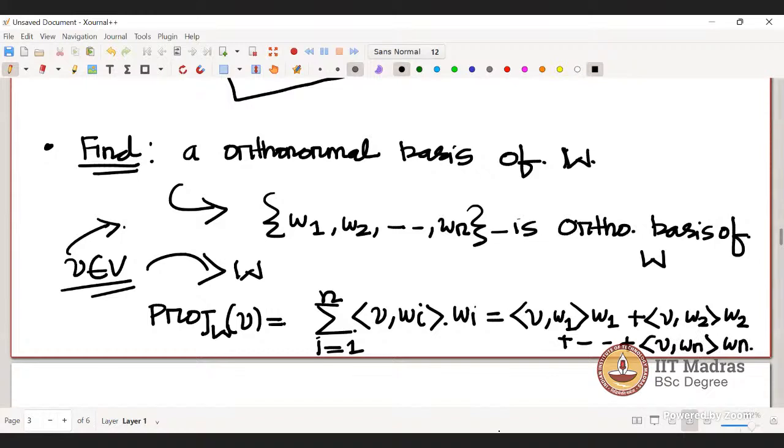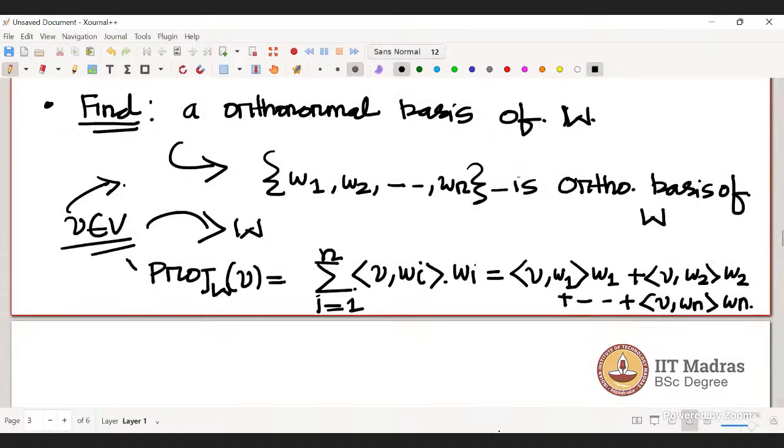This is the projection of the vector V on W. So the main task is to find an orthonormal basis of W. Once you have that basis, this expression will give you the projection.